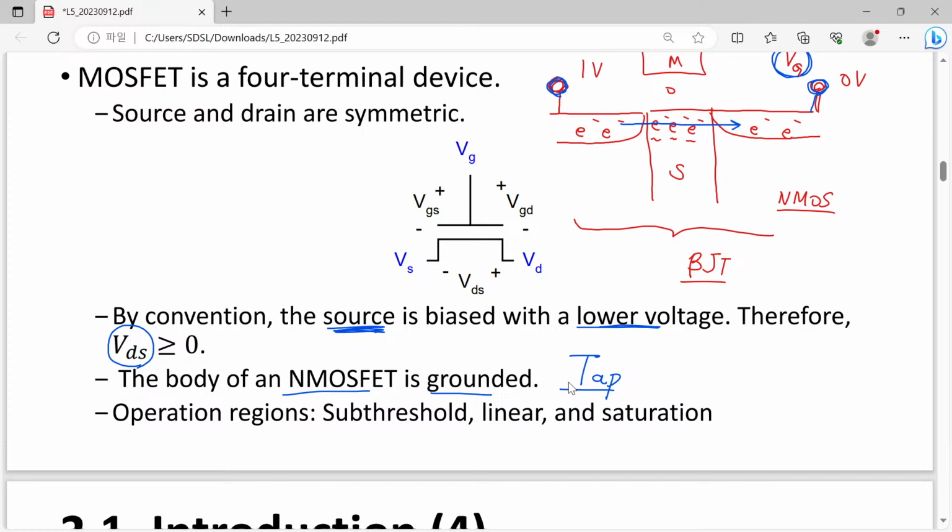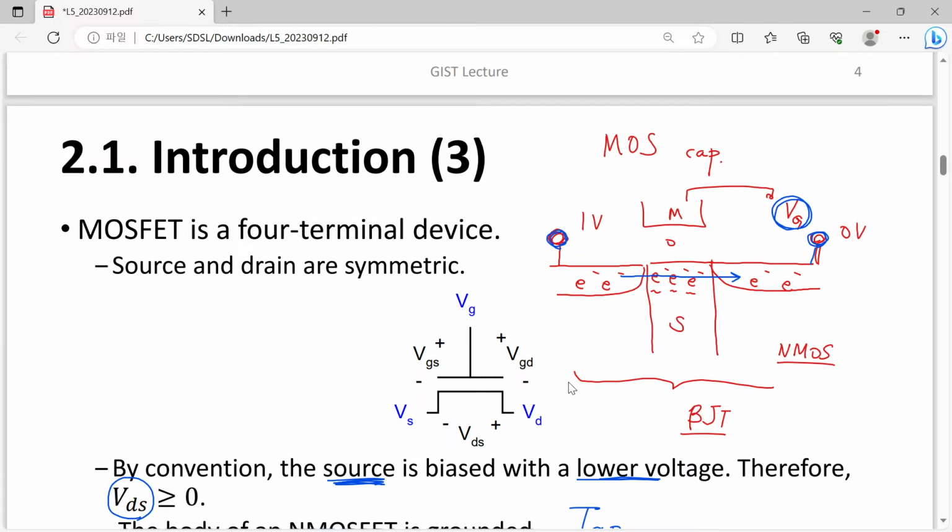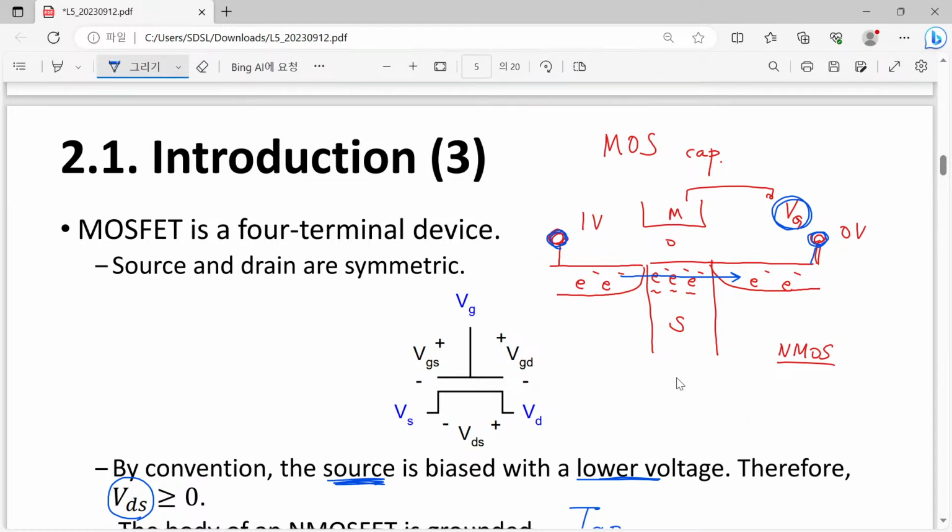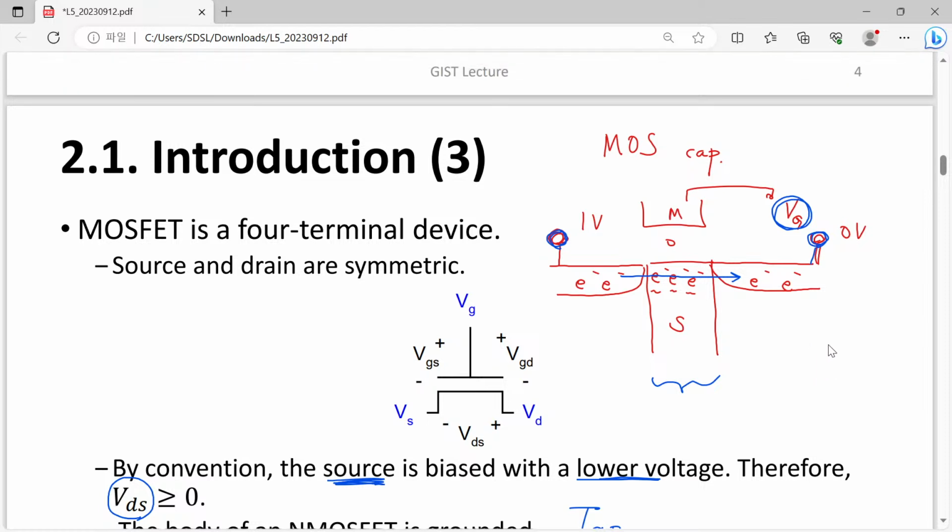Of course, we have tons of things to be discussed about the actual form of the MOSFET. However, right now we are just talking about the schematic one. Simply speaking, the main message of this slide is that the MOSFET is made by this MOS capacitor surrounded by two N plus regions called source and drain.